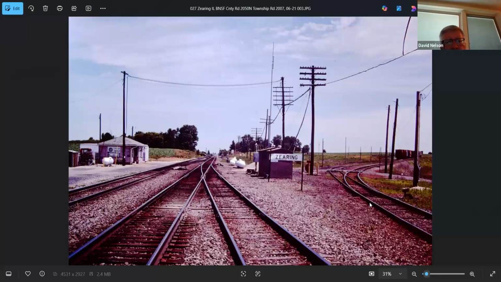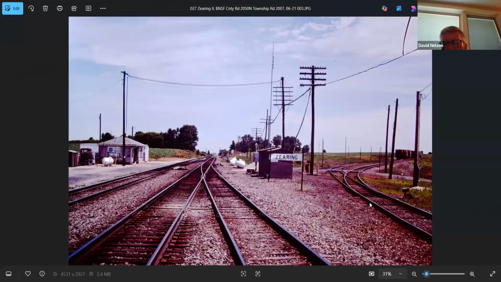Here is Zering, Illinois. We're standing on the BNSF, former CB&Q. This is the main line that goes from Chicago to Galesburg. And there was an interchange. That track off to the right was joint track, Milwaukee Road, but also, oddly enough, New York Central.